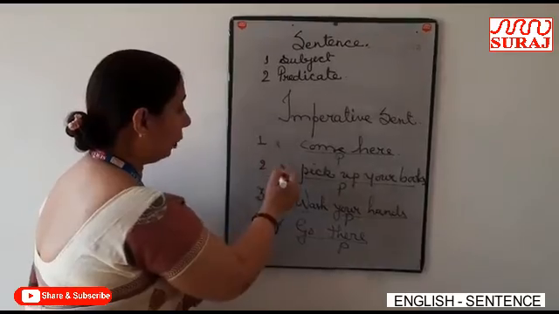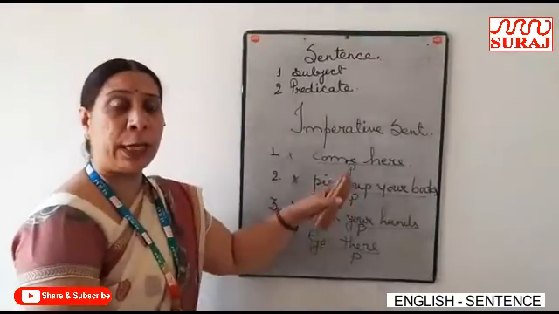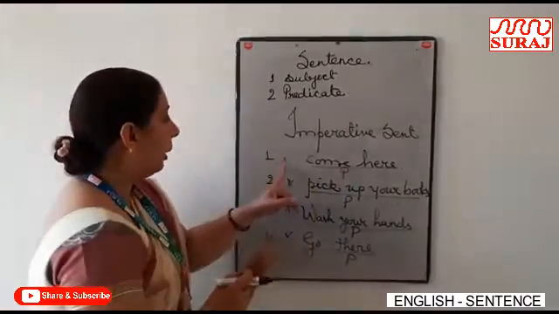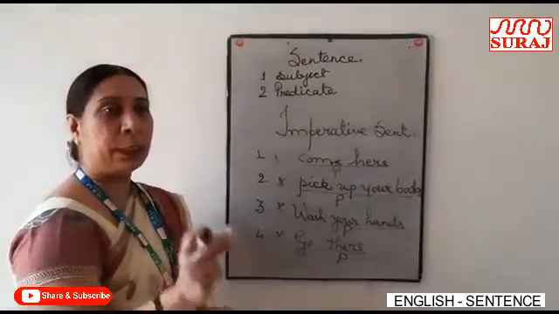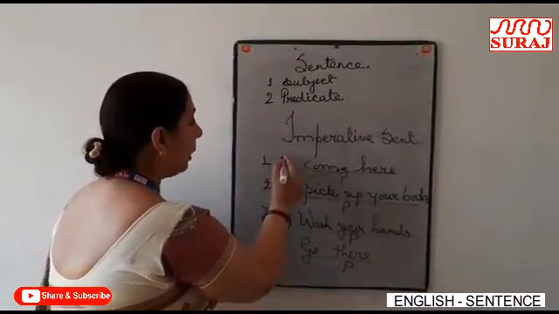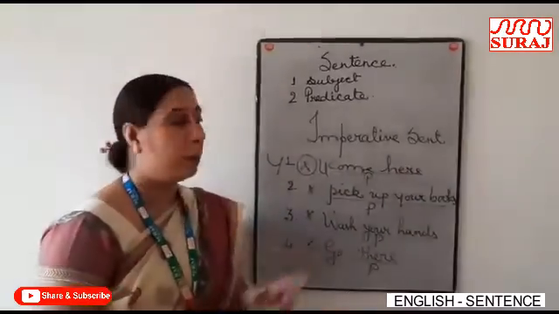There is no subject, but these commands or requests or advice are given to somebody. That one is you, whether it is plural or singular. This is an invisible subject.